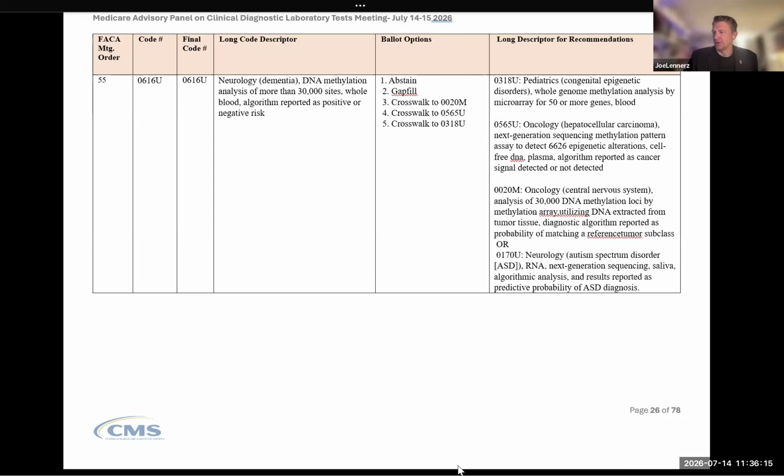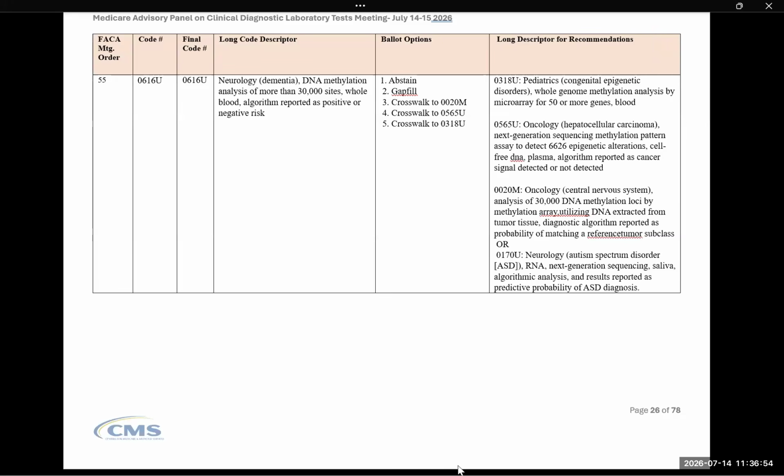It's an epigenetic alteration assay from plasma with an algorithm reported as cancer signal detected or not detected. While the use case here for this whole set of assays differs, the risk, the algorithm output, and the overall complexity was the closest similar. The other codes did not match either the technique, the algorithmic output, or the overall effort as close to the subcommittee recommendation 0565U.